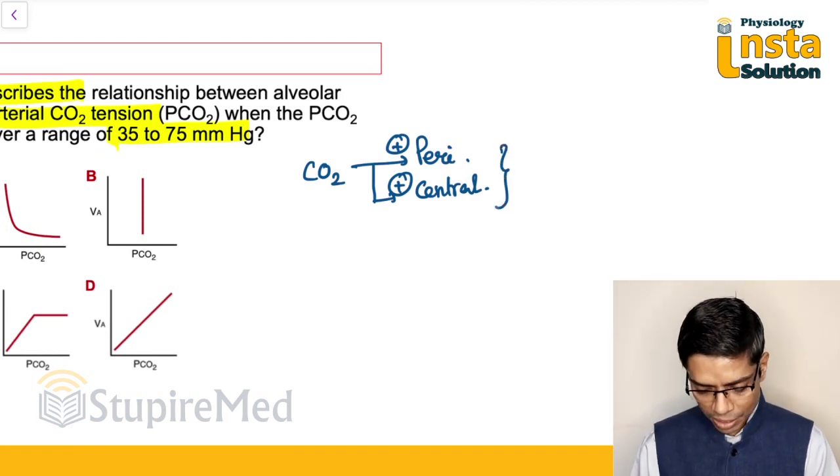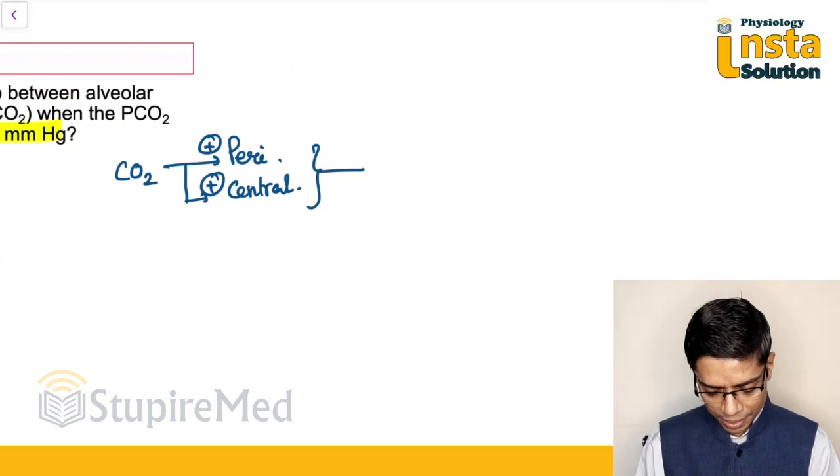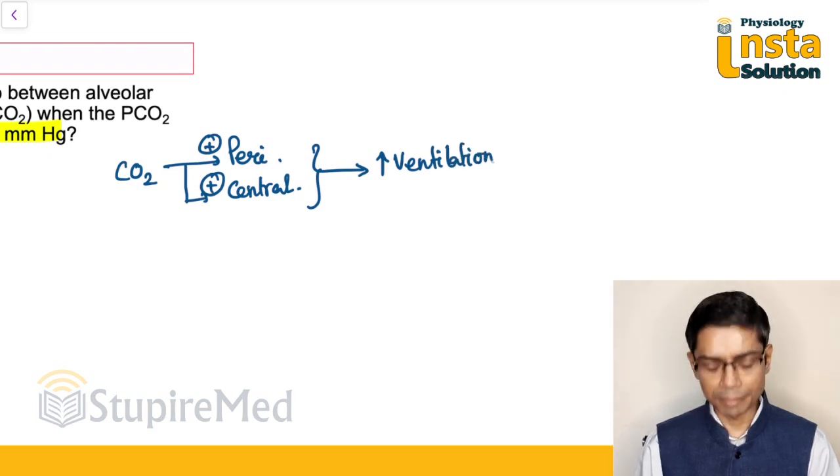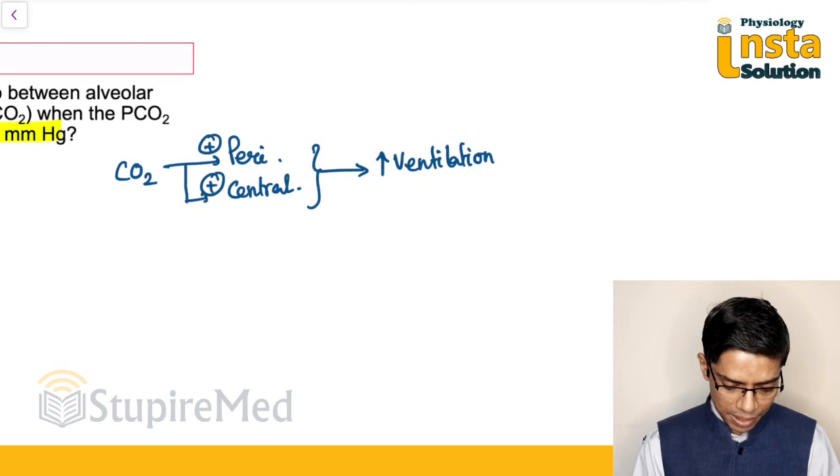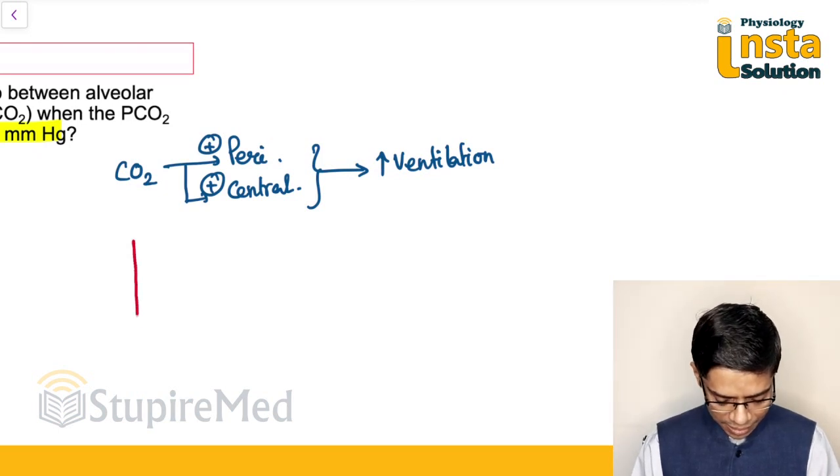Because of the stimulation of both of these chemoreceptors, carbon dioxide, obviously it is going to increase the ventilation of the person. Now, how is the relationship between increase in carbon dioxide and increase in ventilation? The relationship is completely a linear relationship.